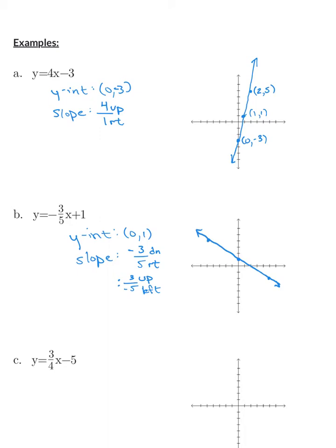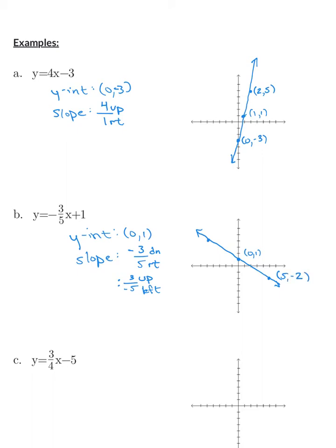And we can label. So I know my y-intercept is 0, 1. In order to get to my right point, we want to go 1, 2, 3, 4, 5 to the right, and 1, 2 down. So this is 5, -2.